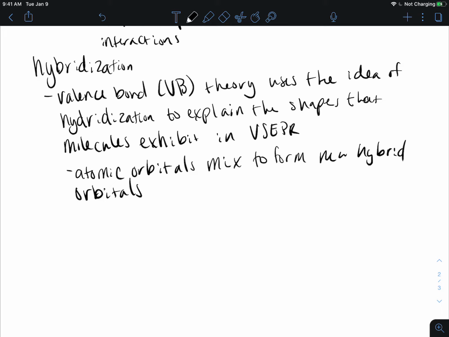So our mixing of orbitals, this hybridization, is a mathematical operation that combines the wave functions of the atomic orbitals to determine the end shape of the hybrid orbitals. So our hybridization is basically a mathematical function.